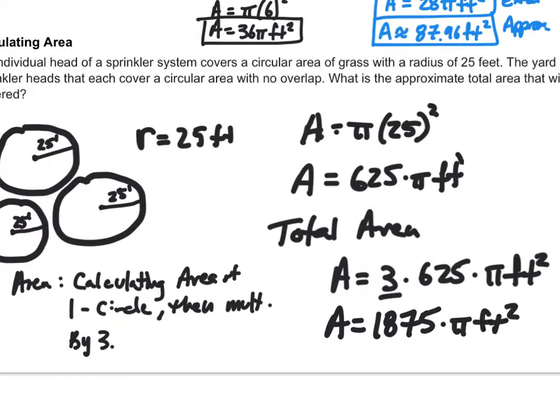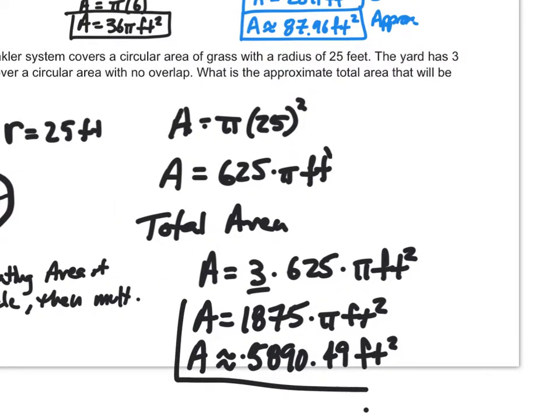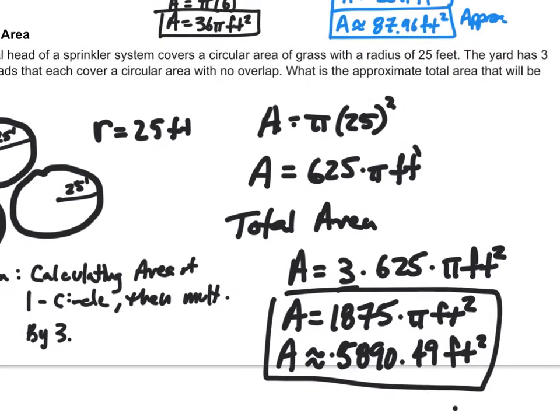If I multiply that by pi to get an approximate answer, my area is approximately 5,890.49 feet squared.